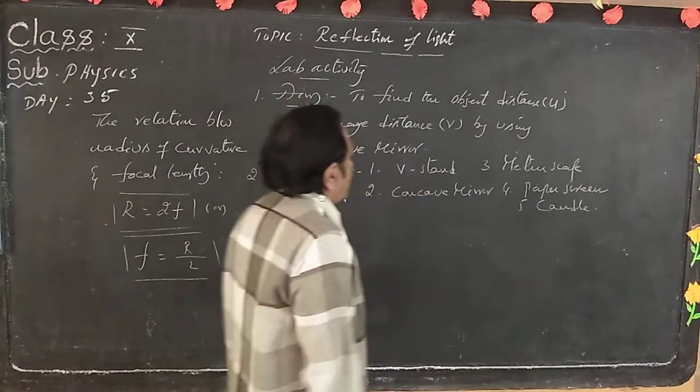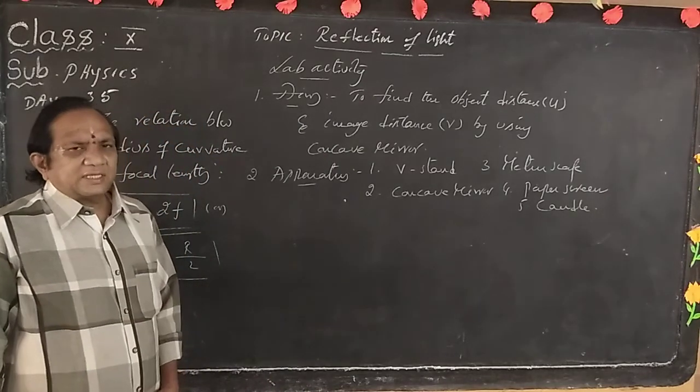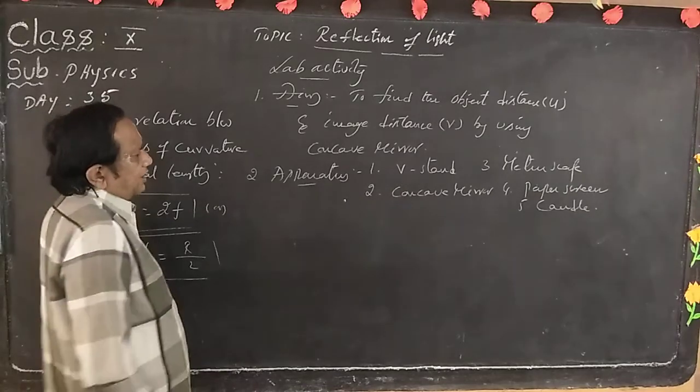These are the required apparatus. By using these, we can verify the object distance and image distance, or the focal length of the lens.